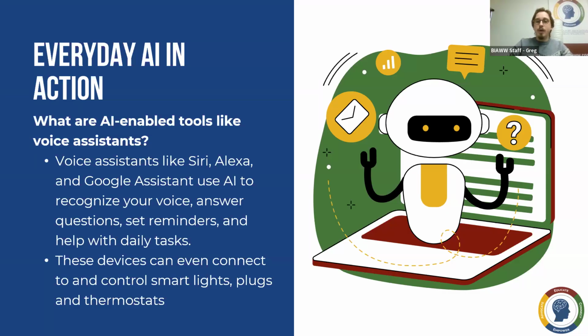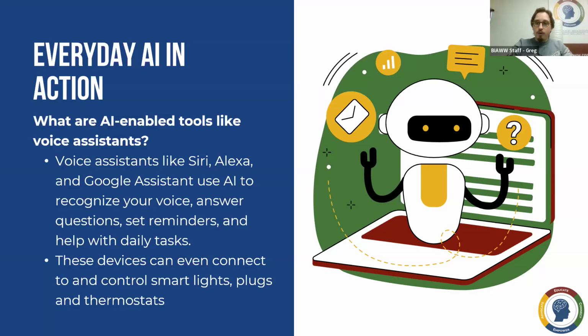But they use AI to recognize your voice, and they use it to answer questions and perform a variety of tasks. Even the voice that they use, so the way that they can talk to you, it's a computer generated voice. This is a type of AI on its own. And so these devices, when we think of AI, they're some of the most closely linked devices to AI. They rely on it heavily in its voice recognition abilities, in its voicing ability, so being able to talk, and also its integration with other devices.